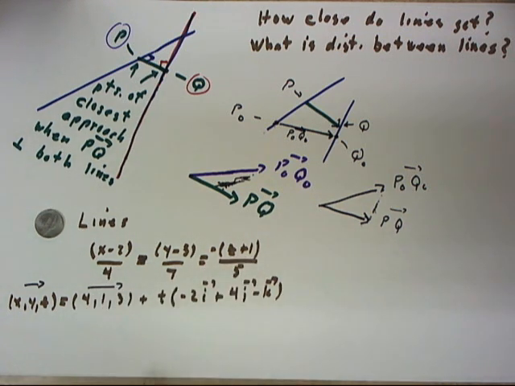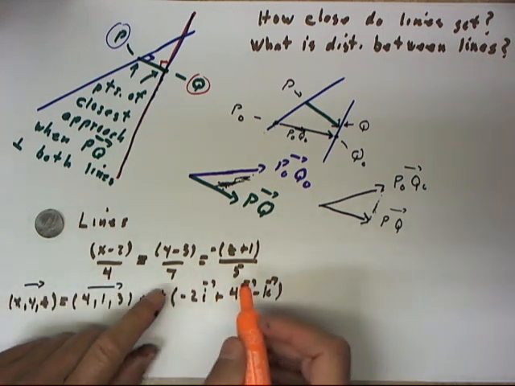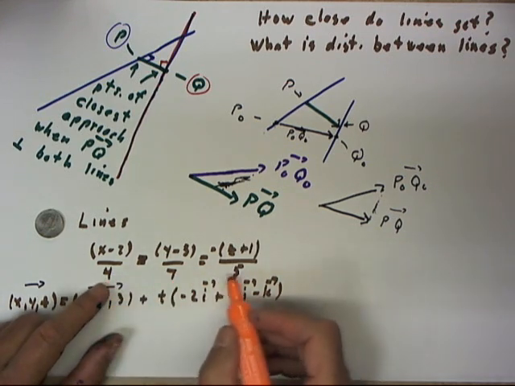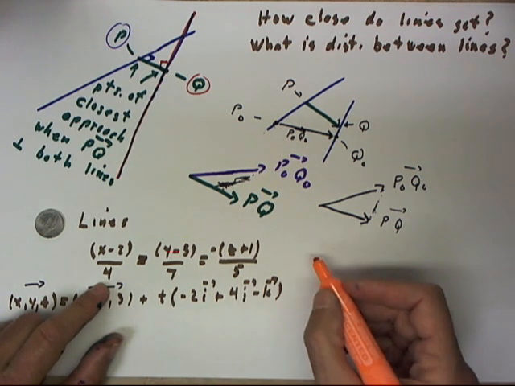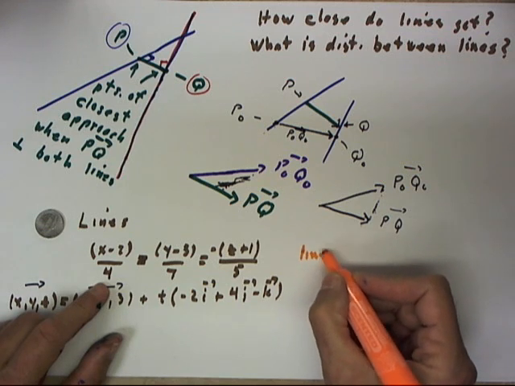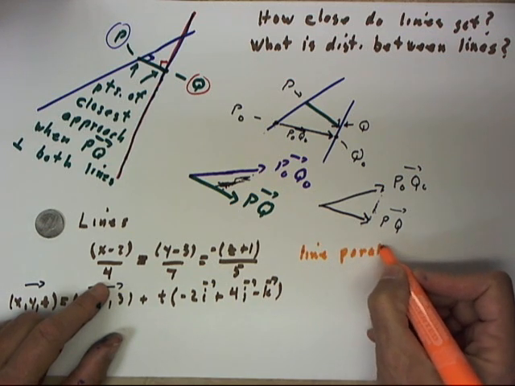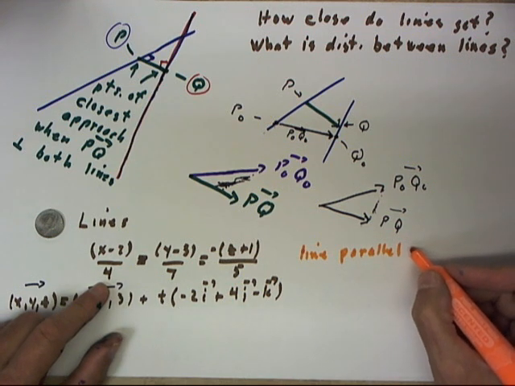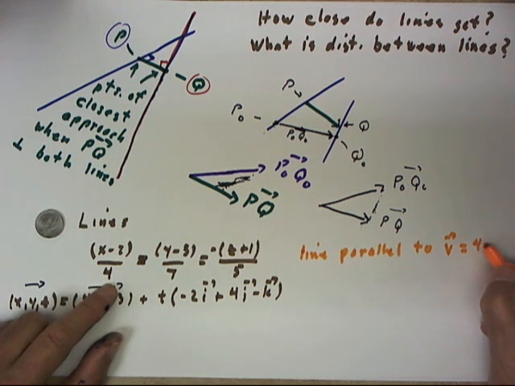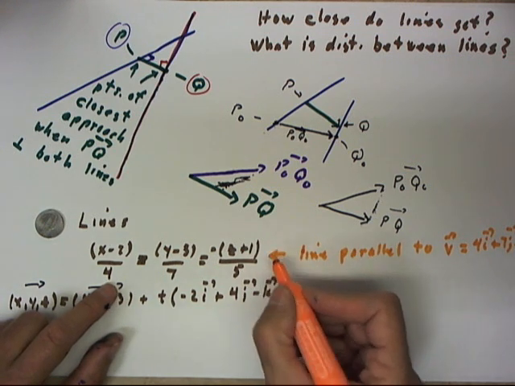From the equations of these lines, we can get one of the two important pieces of information. From this equation, we can read off the vector that's parallel to the line, and we'll call that vector v. We see that that's 4i plus 7j minus 5k.